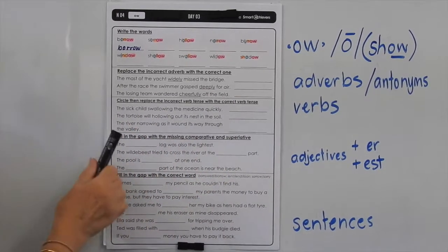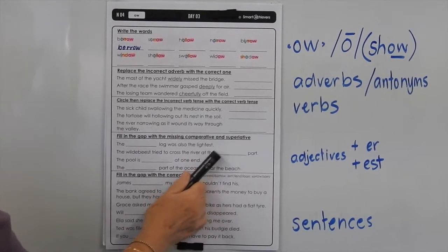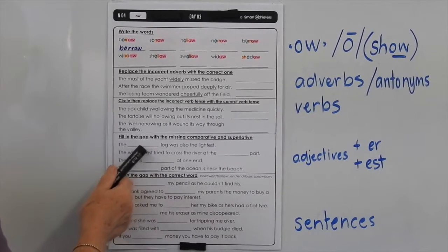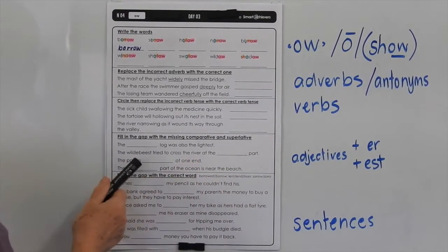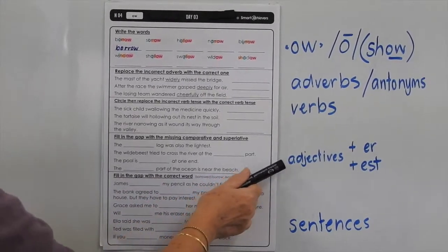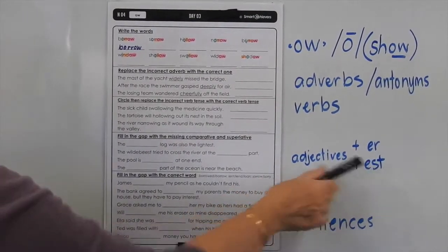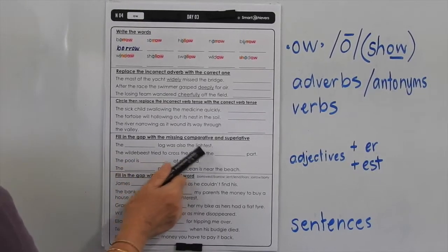Fill in the gap with the missing comparative and superlative. So we've got adjectives happening here. So you're describing the log, the part, the pool, and the ocean. Okay, so adjectives, you usually add ER to mean more and EST to mean most. So the something log was also the lightest.